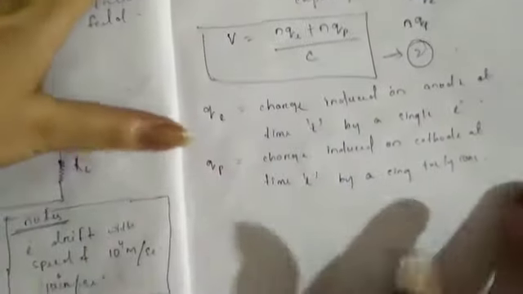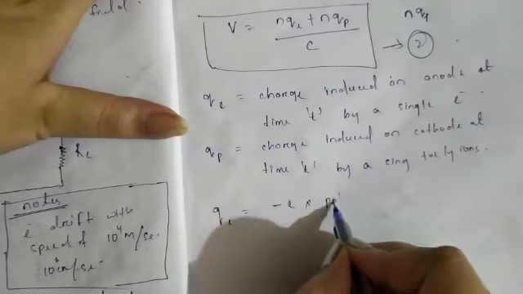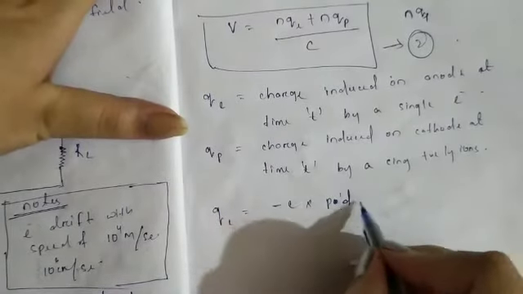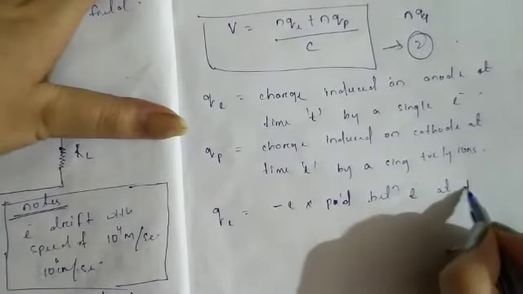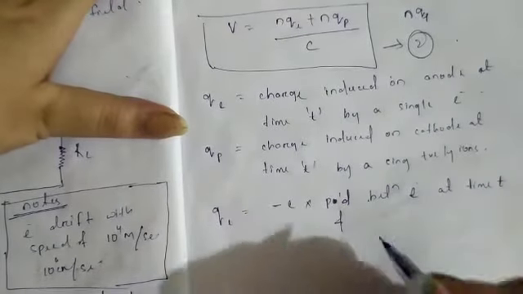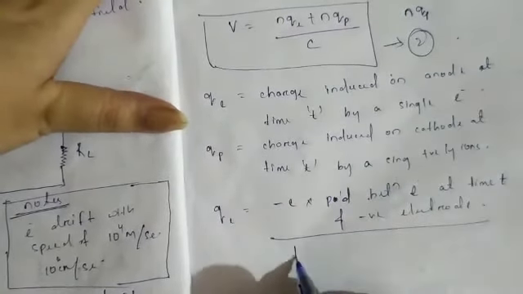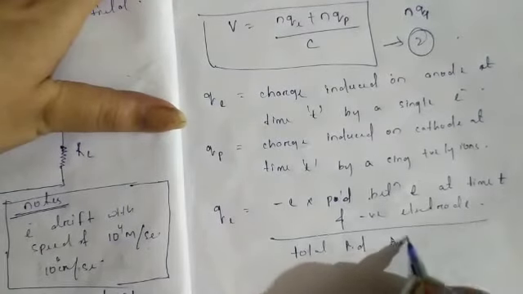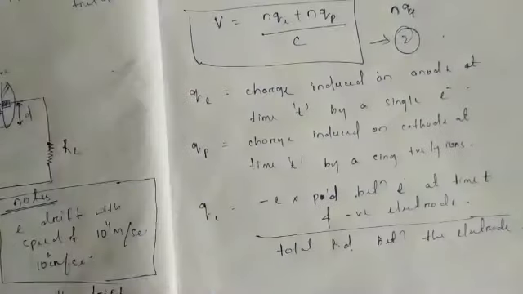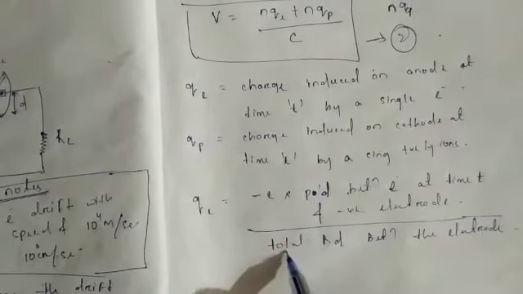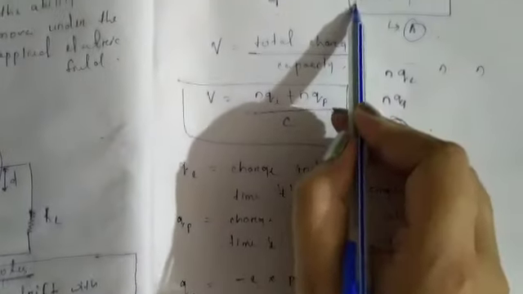So QE becomes, mathematically, minus e into the potential difference, denoted PD, between the electron at time t and the negative electrode, divided by the total potential difference between the electrodes. Mathematically, the total potential difference between the electrodes, V, is equal to E d.